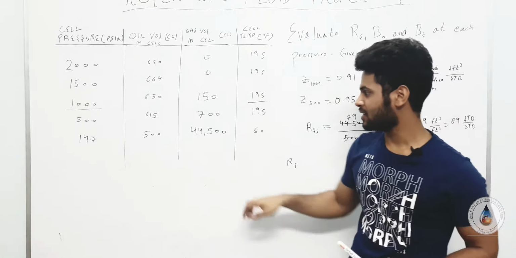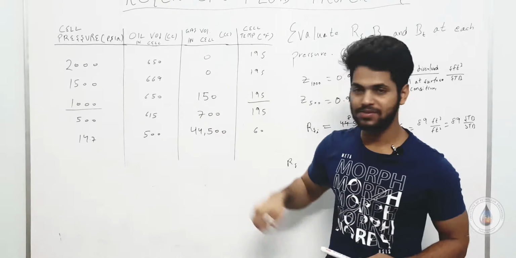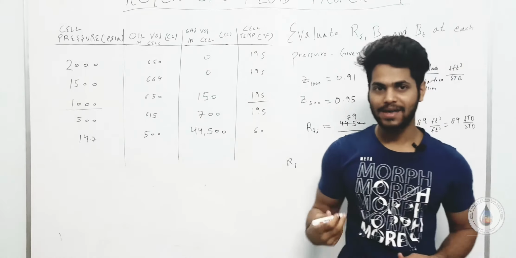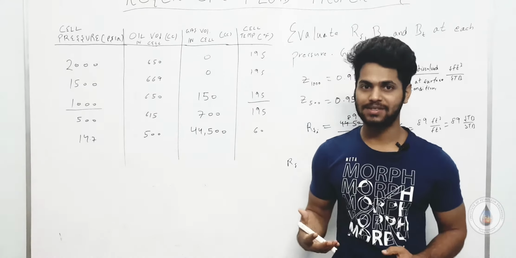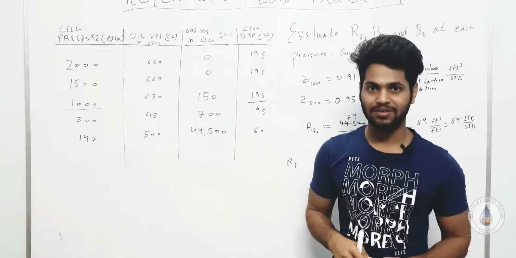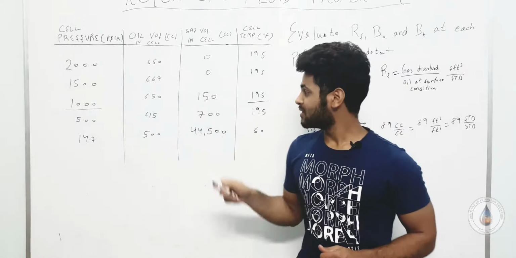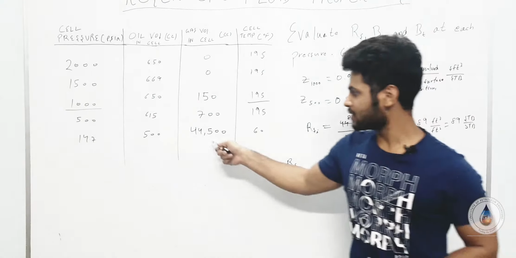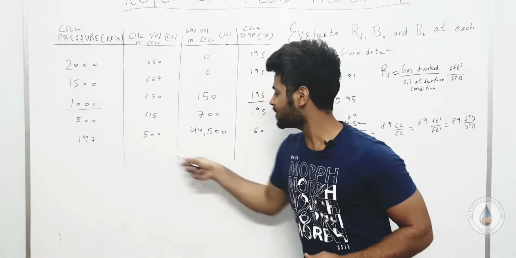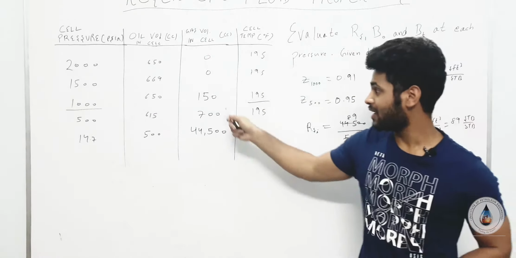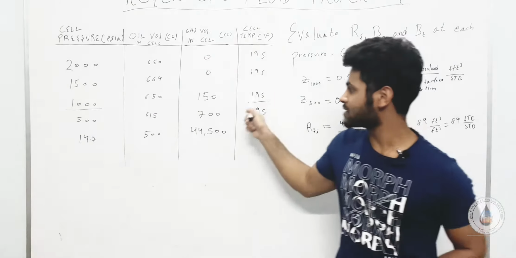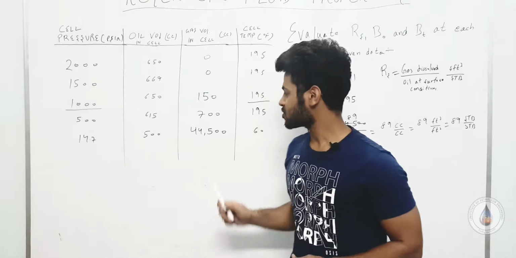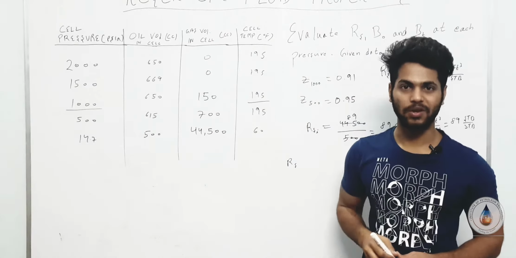Well, you can see that if I subtract this value from this value, I will get the amount of gas that was dissolved in my system at that particular pressure and temperature. But wrong. This is where a very important concept comes out. This value is at my surface pressure and temperature conditions, while this value is at my reservoir pressure and temperature condition. So I cannot directly subtract these two values.